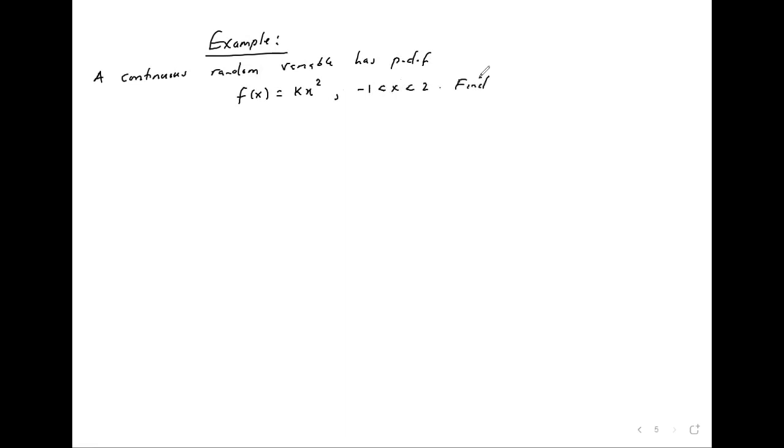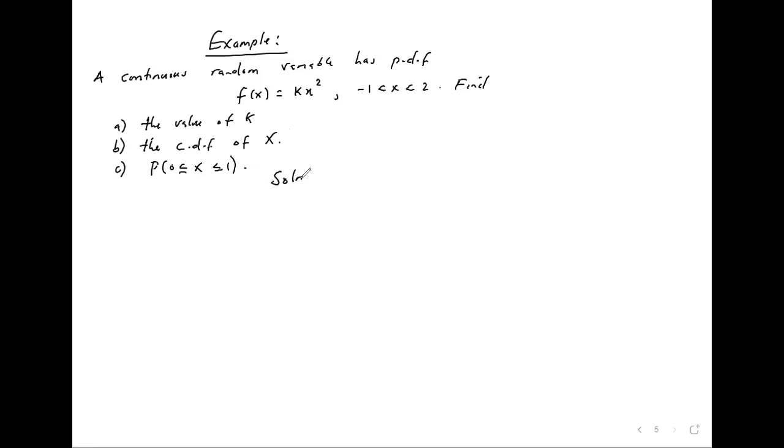Find A, the value of k; B, the CDF of x; and C, the probability that 0 ≤ x ≤ 1.